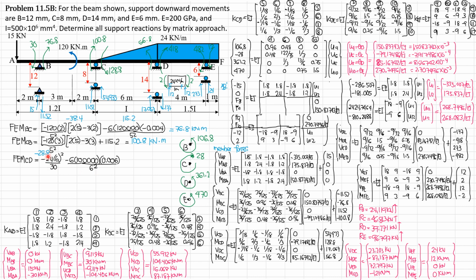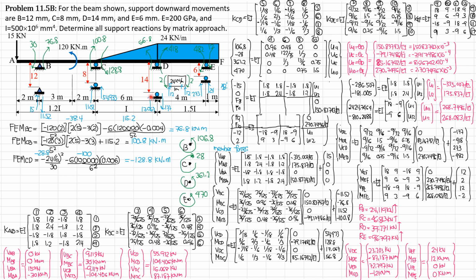Value, negative 28.8, this one, negative 100. So combining negative 128.8, and since it is negative, it is counterclockwise here. By the way, 100.8 is clockwise CB.